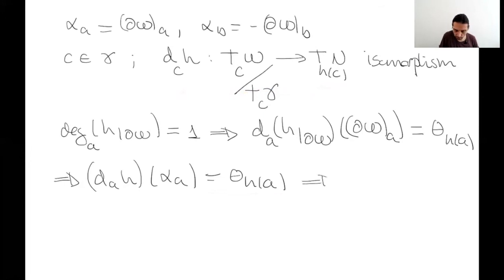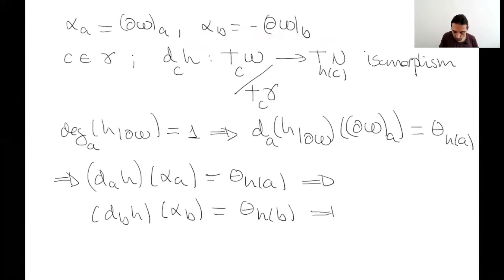So we're going to get that the differential of H at B, and this differential is this map over here, sends alpha B to theta of H(B). But now we have to realize that alpha B is minus partial omega.